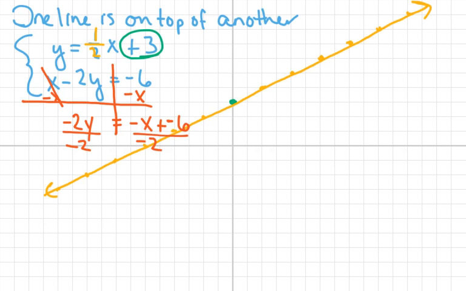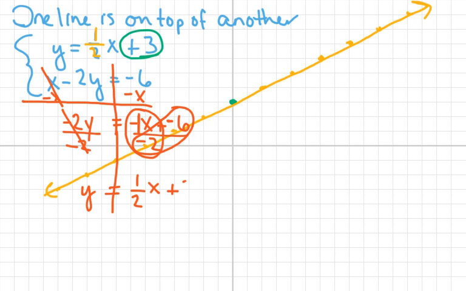Now, when we do that, the negative 2's cancel, and we're left with y on the left. And then here we have a negative x, or really that's a negative 1x over negative 2. Negative 1 over negative 2 becomes positive 1/2 x. And then we have over here a negative 6 over negative 2. So that's a positive 3.